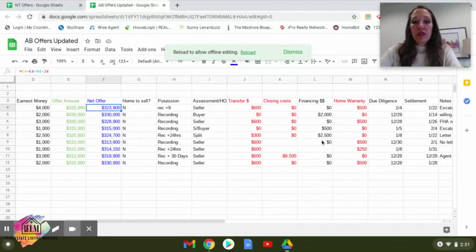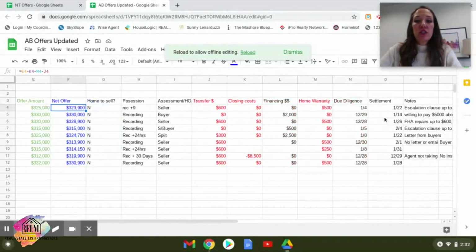Several of these were willing to put up money for financing. If they cancel because their financing fell through, they're that confident that it's not going to fall through, but if it did for some reason, they would forfeit X amount of money. And each of these three had a specific amount that they put up. Again, the home warranty plan. When is the due diligence deadline? When is the settlement deadline?